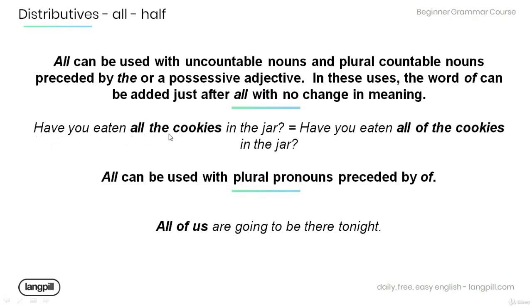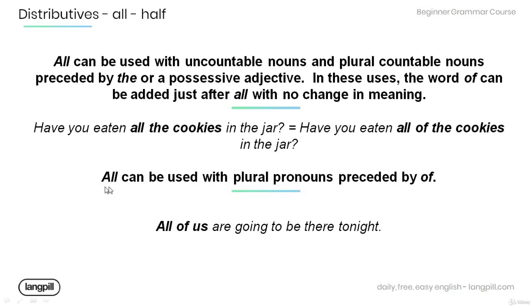Have you eaten all the cookies in the jar? Have you eaten all of the cookies in the jar? Both sentences have the same meaning. The only difference? In the second sentence, we add of, which does not change the meaning of the sentence.